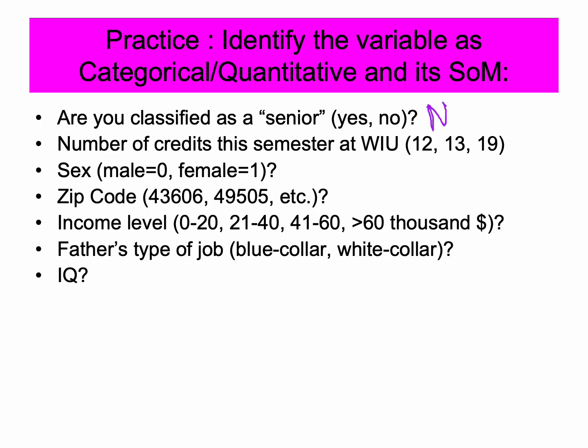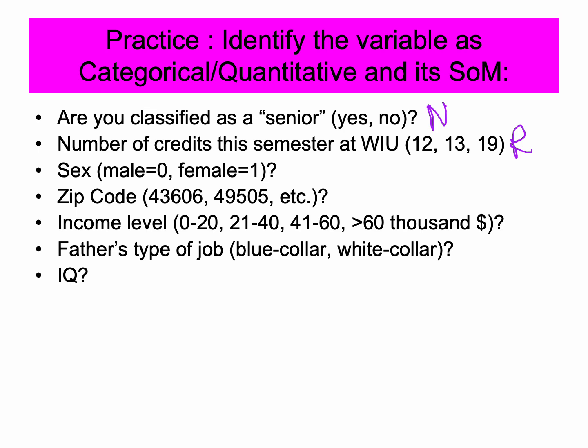But we also know that 0 is not arbitrary here. So 0 actually means no credits whatsoever. We also know that we can do ratio comparisons. So someone who's taking 16 credits is taking twice as many as someone who's taking 8 credits. So in this case, we're working with ratio data.